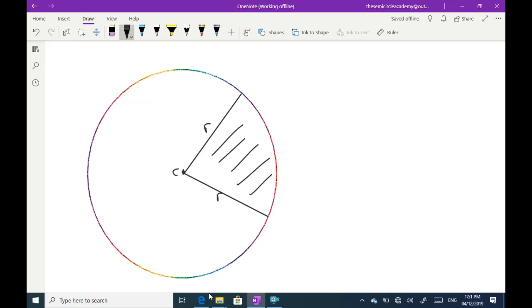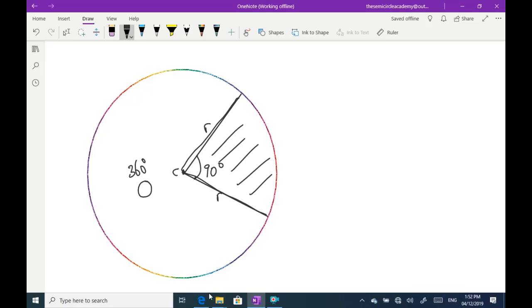Now, we have to remember that there are a total of 360 degrees for a full circle. Yeah. So we need to know what is the angle here. And let's just say this angle is 90 degrees, right? So we need to find out what portion of the entire circle is this angle here.